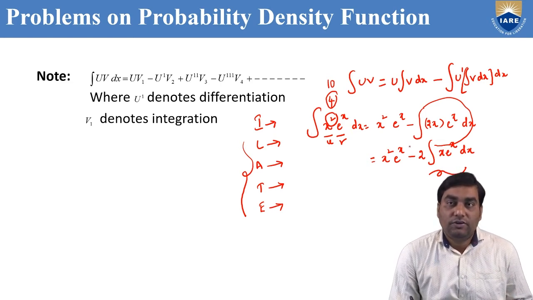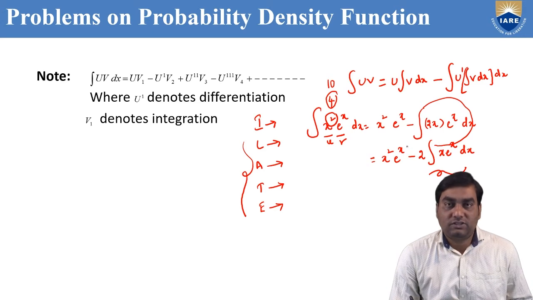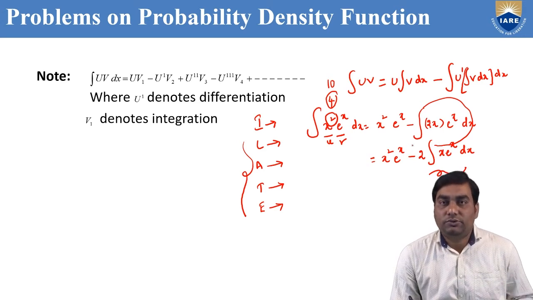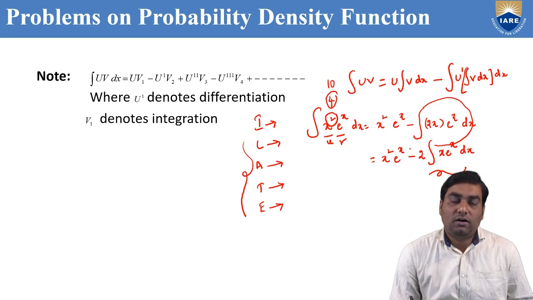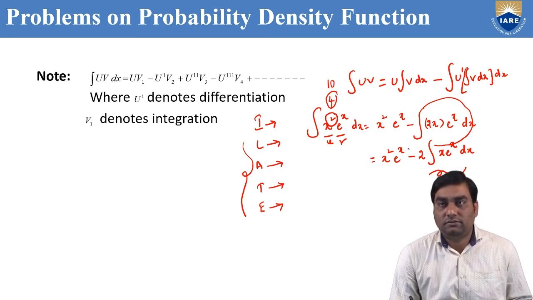This is very difficult to solve by using the intermediate level integration of uv. That's why we are going to introduce another formula for the integration of uv. This will be very easy and we will get the answer in a single line.